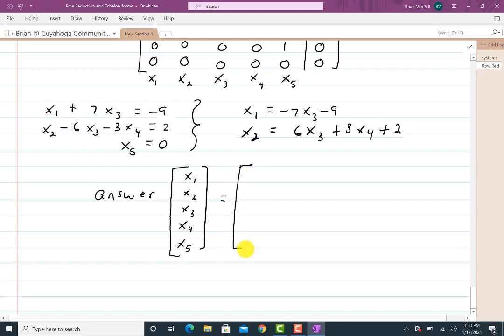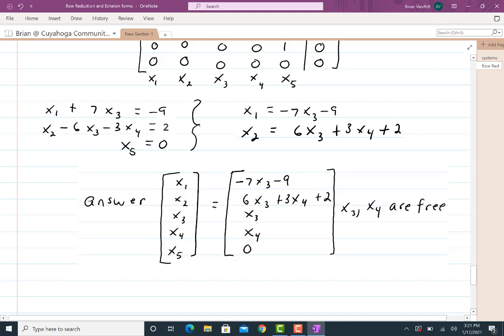So x1 was negative 7x3 minus 9. x2 was 6x3 plus 3x4. x3 will just be itself. x4 will just be itself. And then x5 was 0. And then what I need to say over here is that x3 and x4 are free.